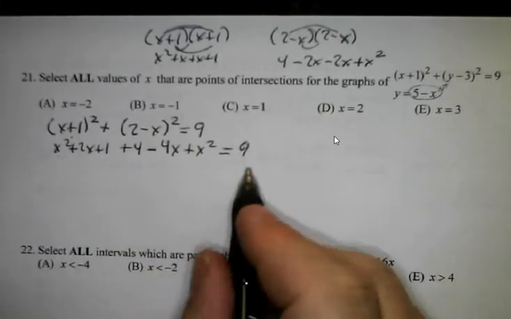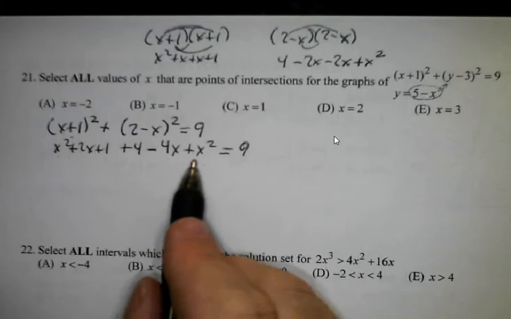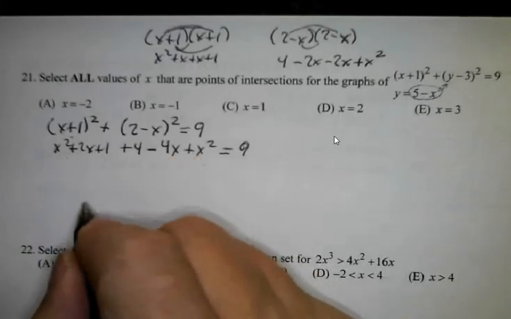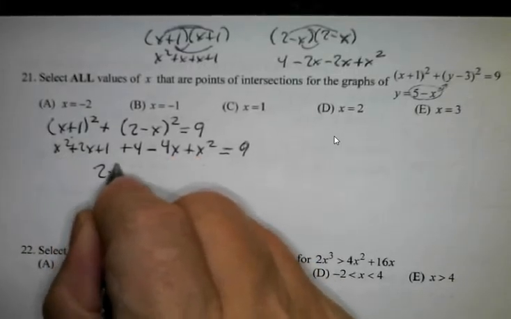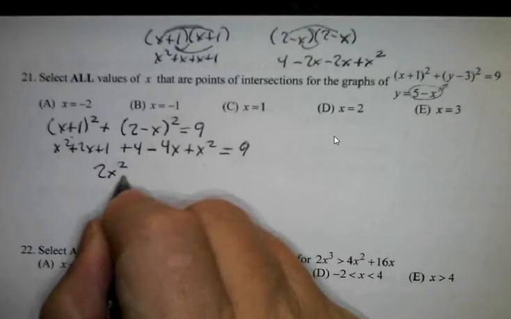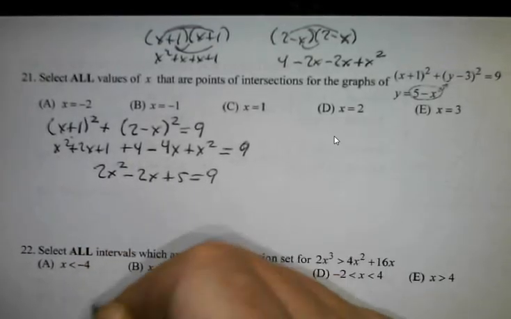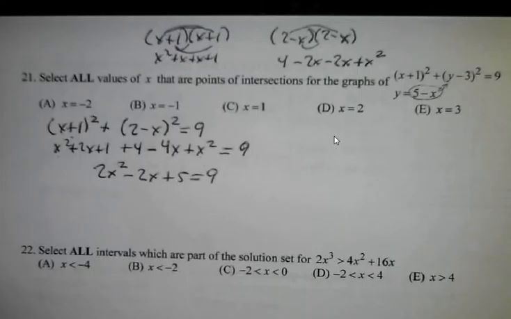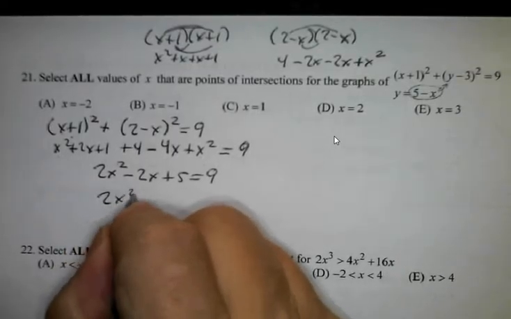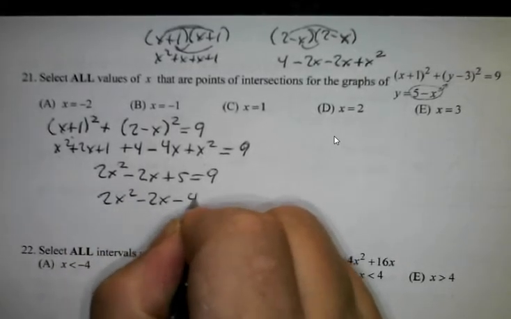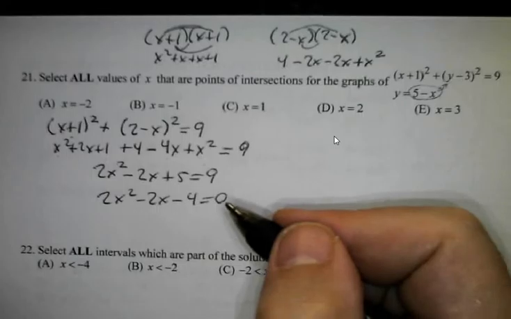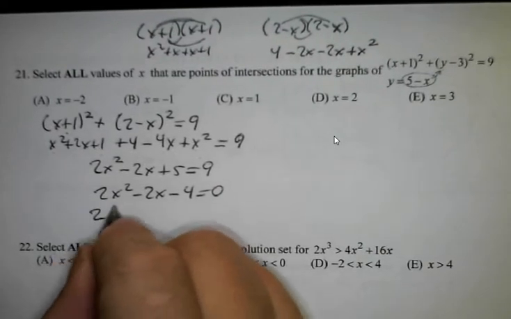Okay, so now we're going to see about solving this. I'm going to gather my terms. So I've got 2x squared minus 2x plus 5 equals 9. Got to move everything to one side. So it's 2x squared minus 2x minus 4 equals 0. I can factor out a 2.